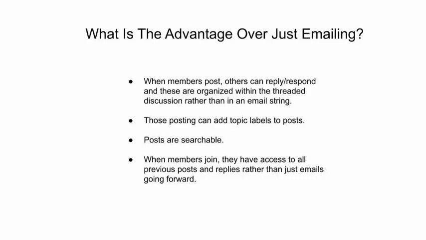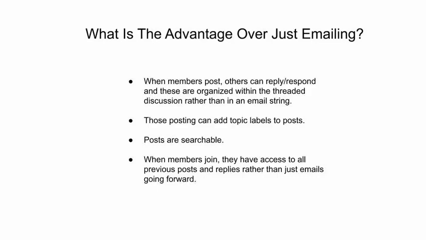First, when members post, others can reply and respond to the original post, and it is all kept within a threaded discussion rather than just a string of emails. Additionally, there can be topics added to those posts. Also, posts are searchable.